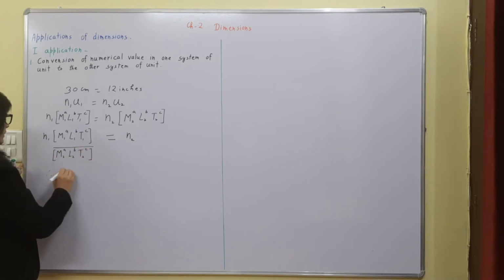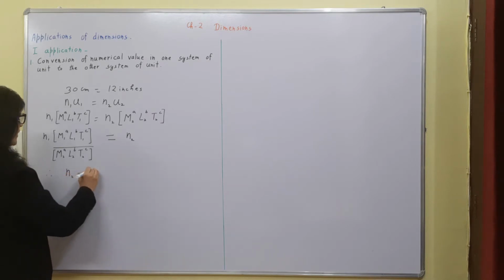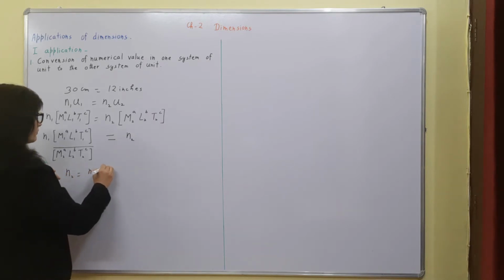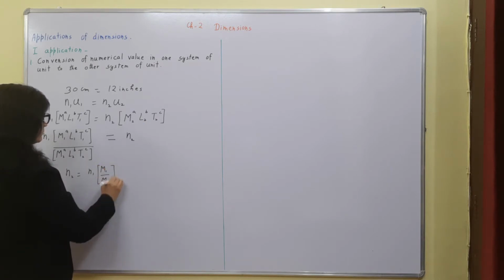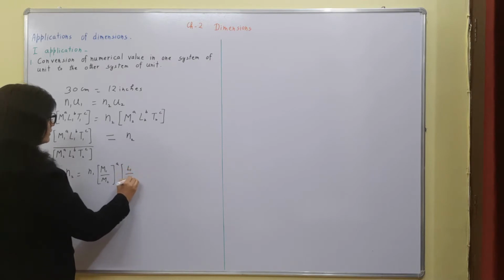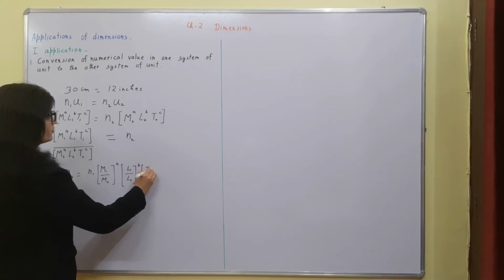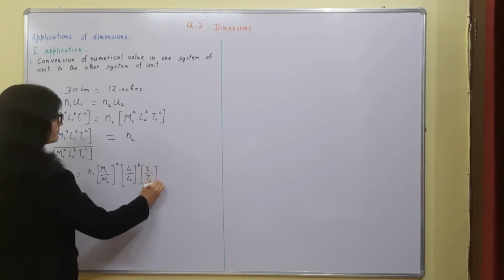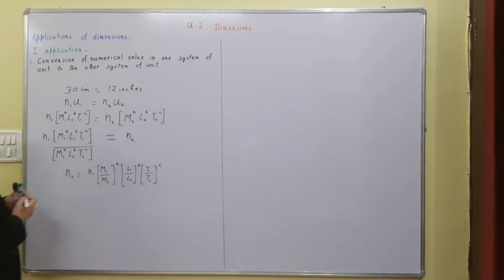So therefore n2 can be written as n1 into m1 upon m2 to the power a, l1 upon l2 to the power b, t1 upon t2 to the power c, right?